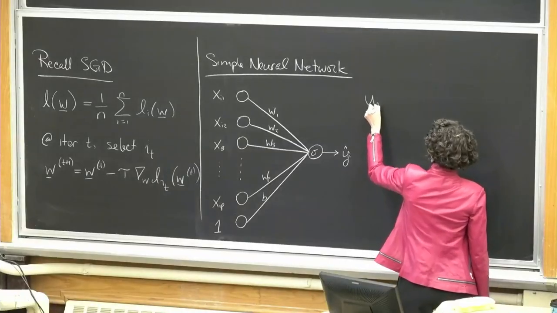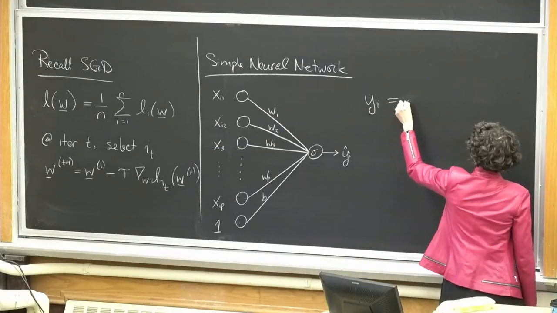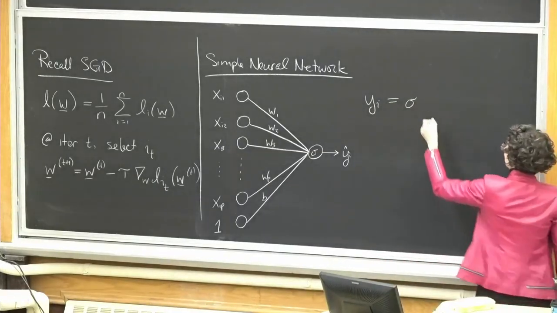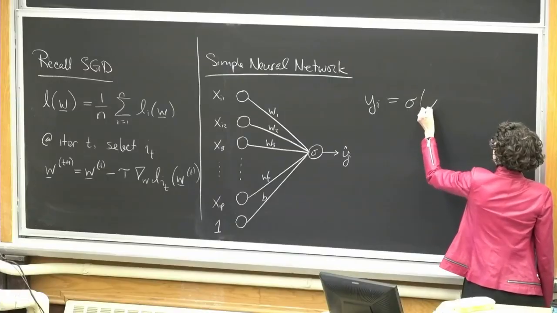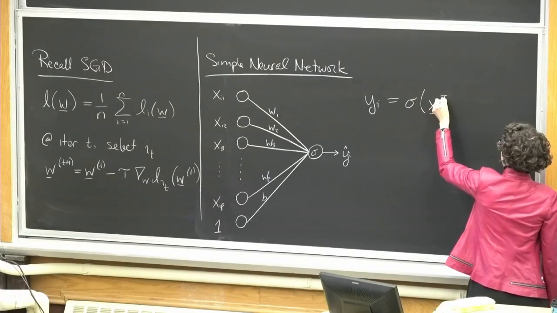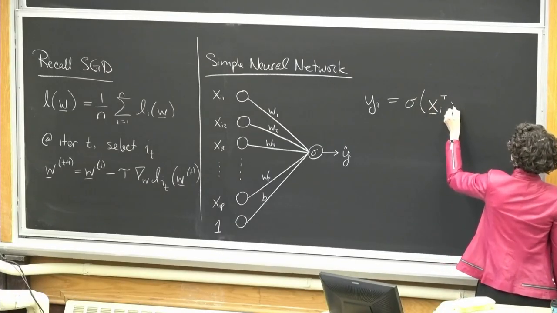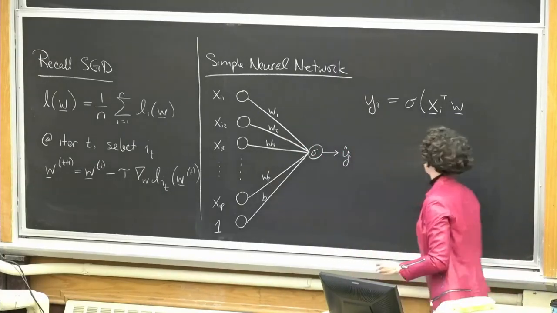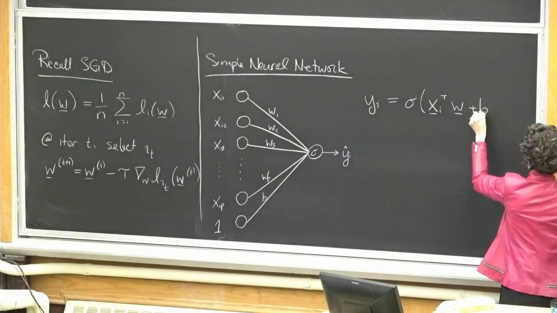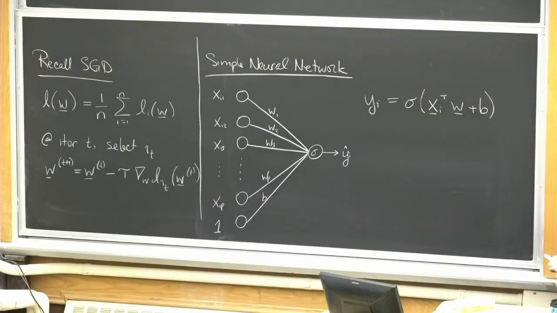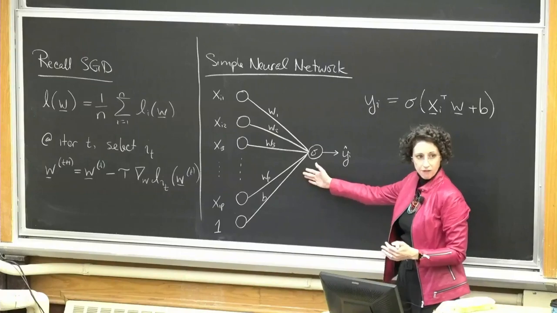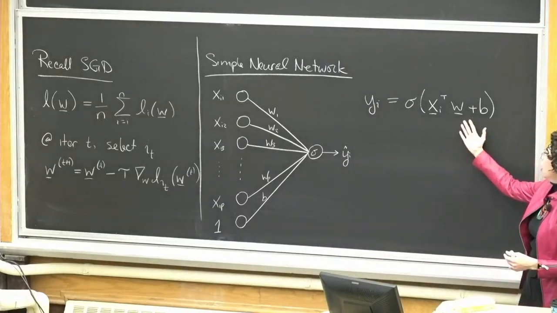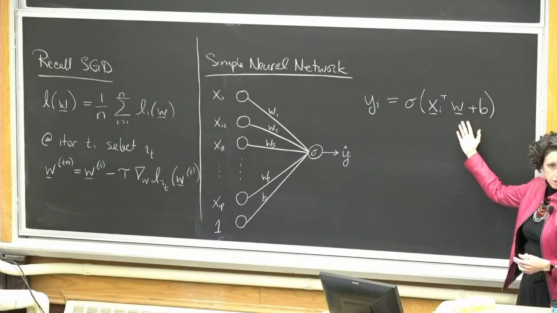This means y hat_i is equal to this function sigma applied to my feature vector x_i inner product with the vector of weights w1 through wp plus this bias b, and that's it. So this diagram here is just a graphical representation of this very simple model.